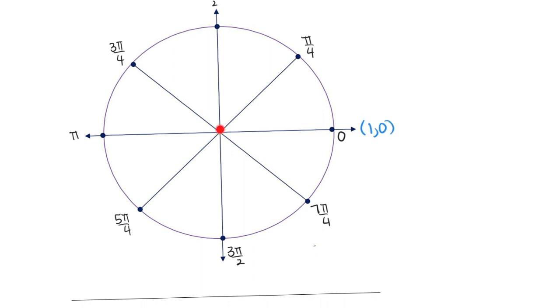If I start from the origin and I go up 1, that ordered pair is (0, 1). If I go from the origin left 1, my ordered pair is (-1, 0). If I start from the origin and I go down 1, my ordered pair is (0, -1). Those are the most important points on the unit circle.